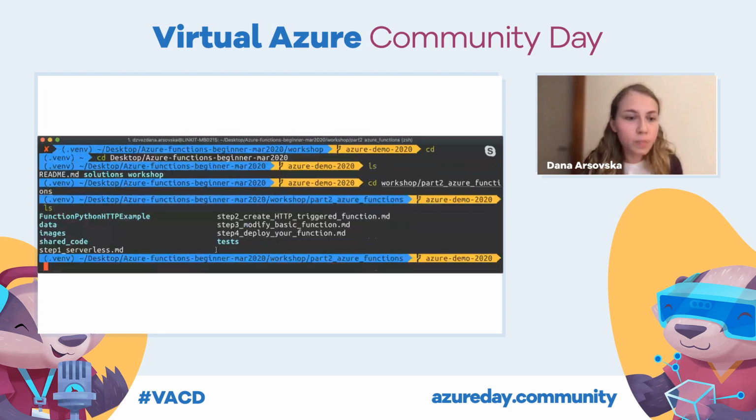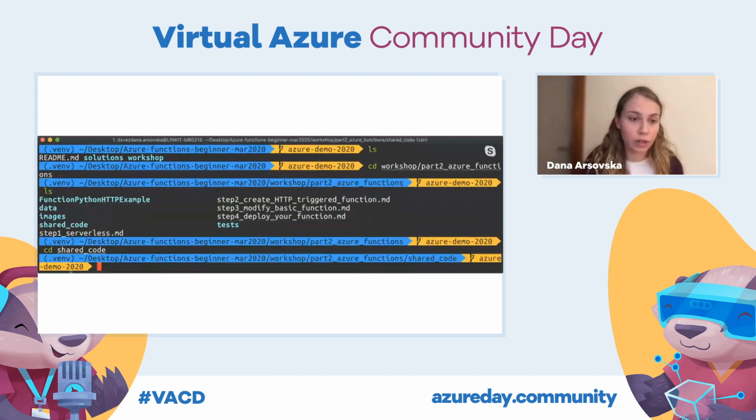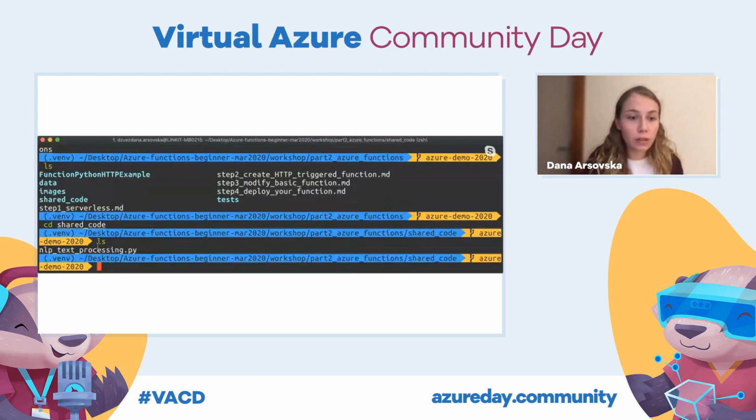And this file contains the code that we want to deploy in our case. So you can look at the details. It contains some very simple natural language processing methods, and we want to deploy this.